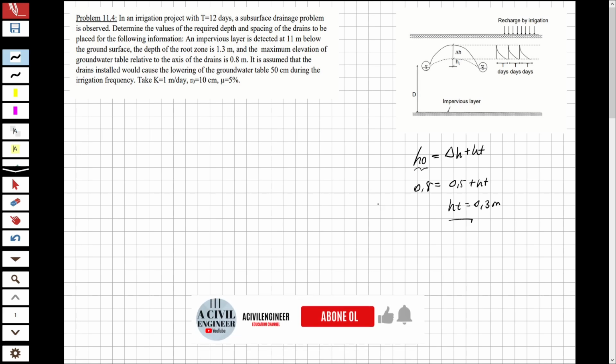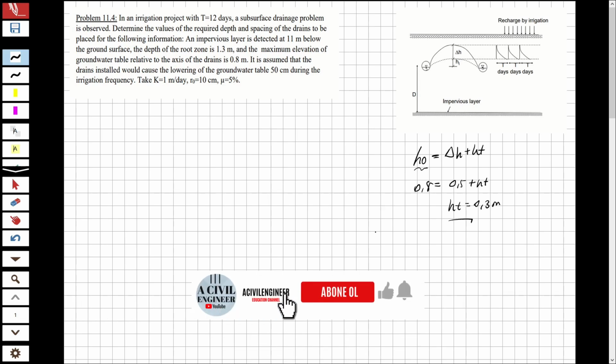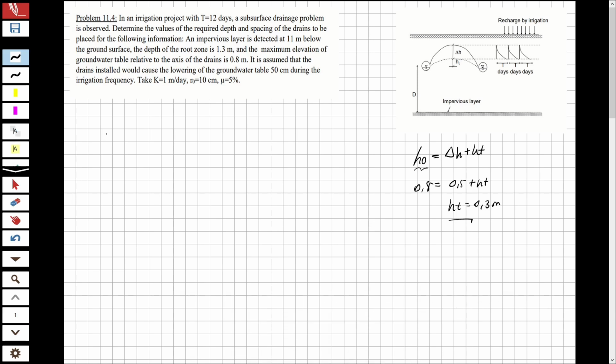Now we are going to write the formulation of the unsteady state case. It's going to be the Glover equation.